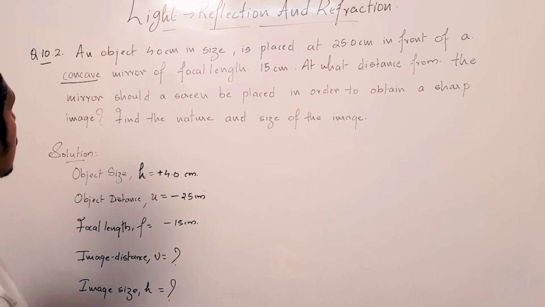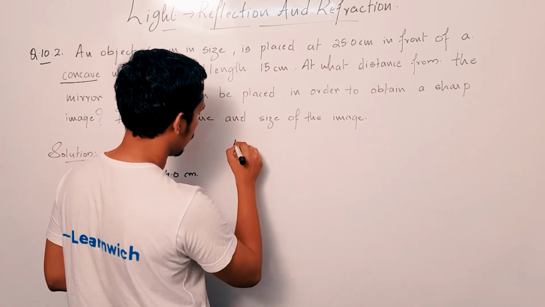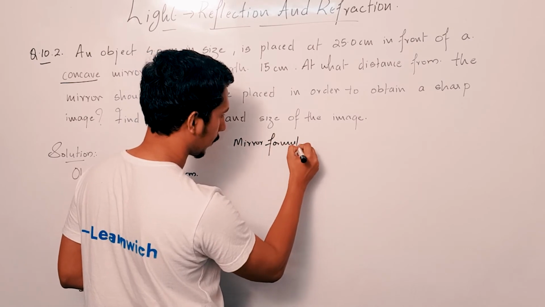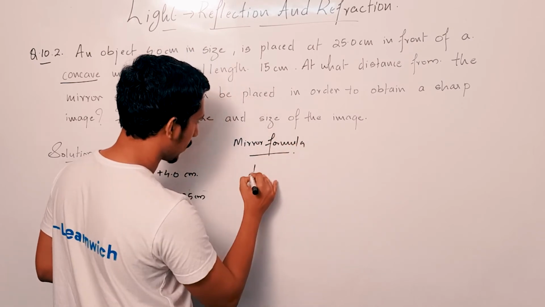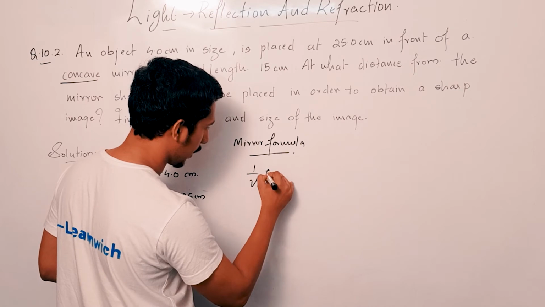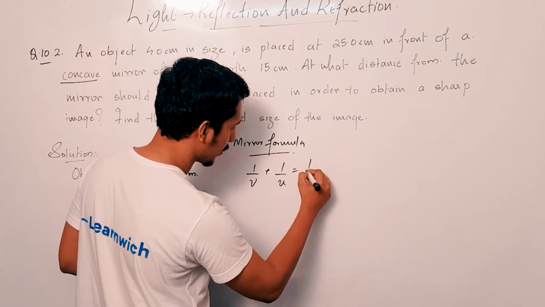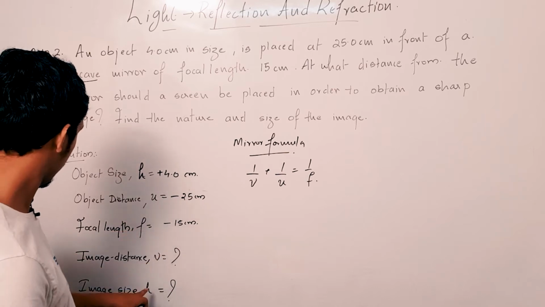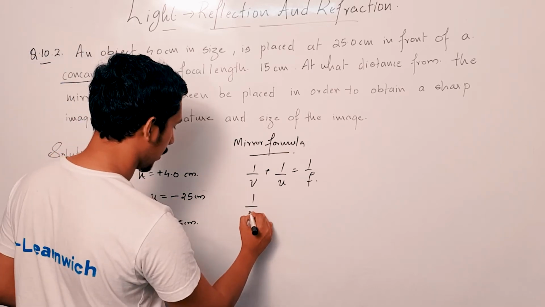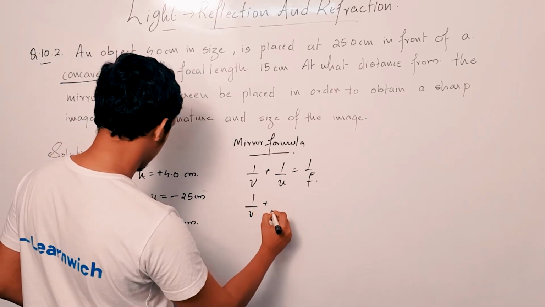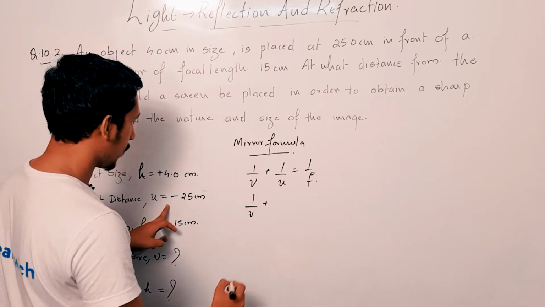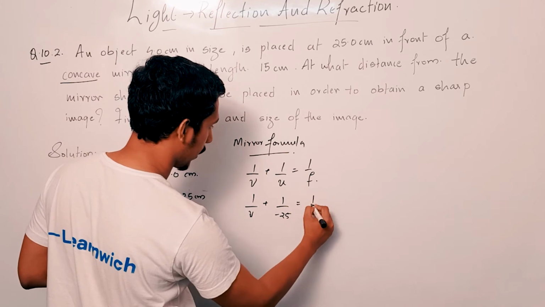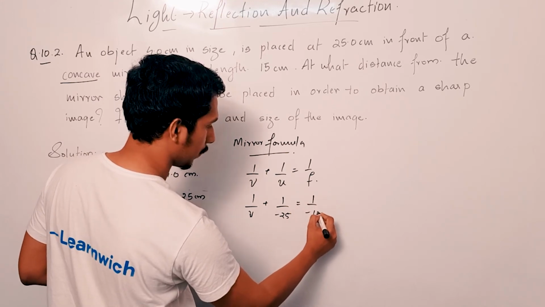It's a mirror again, so write the mirror formula: 1 by v plus 1 by u is equal to 1 by f. So 1 by v, image distance, let it be there, plus 1 by minus 25 is equal to 1 by minus 15.